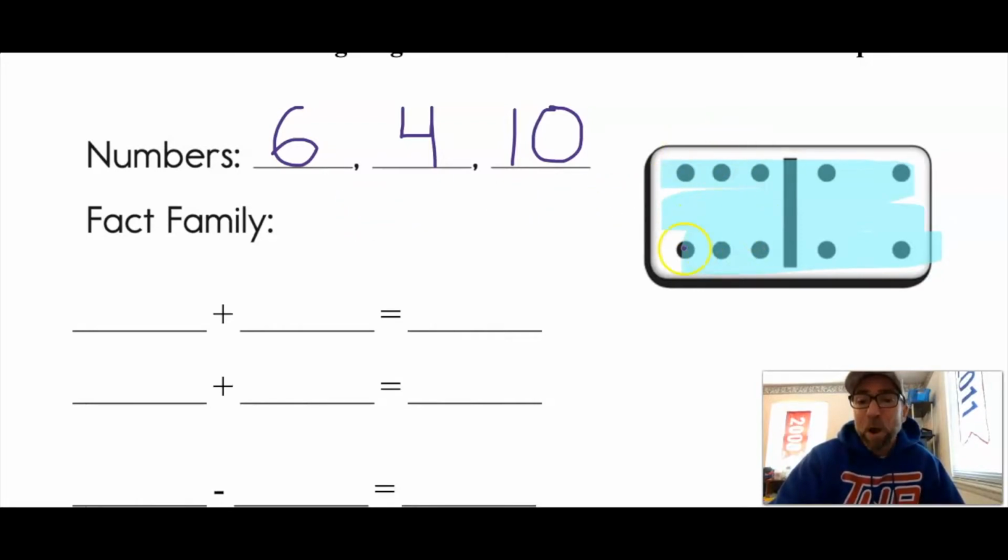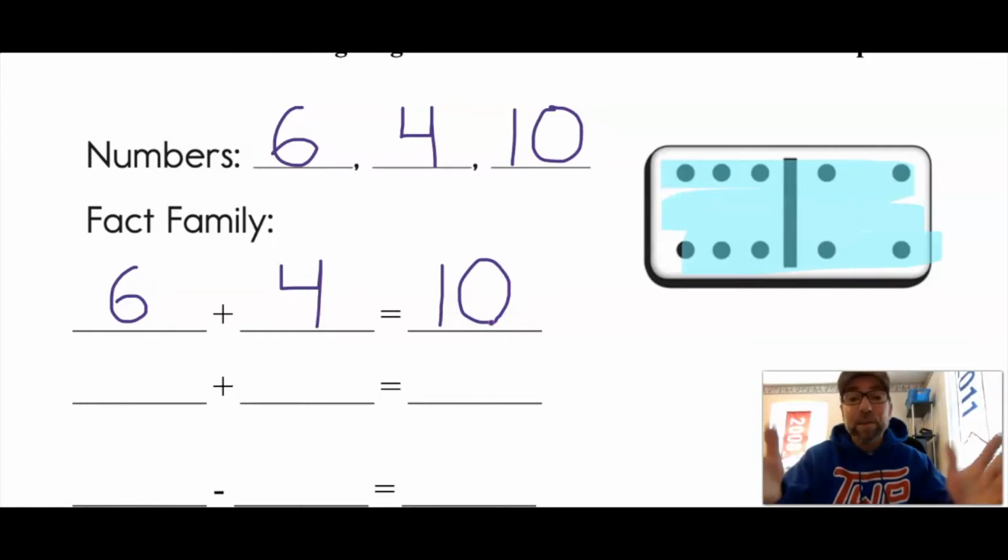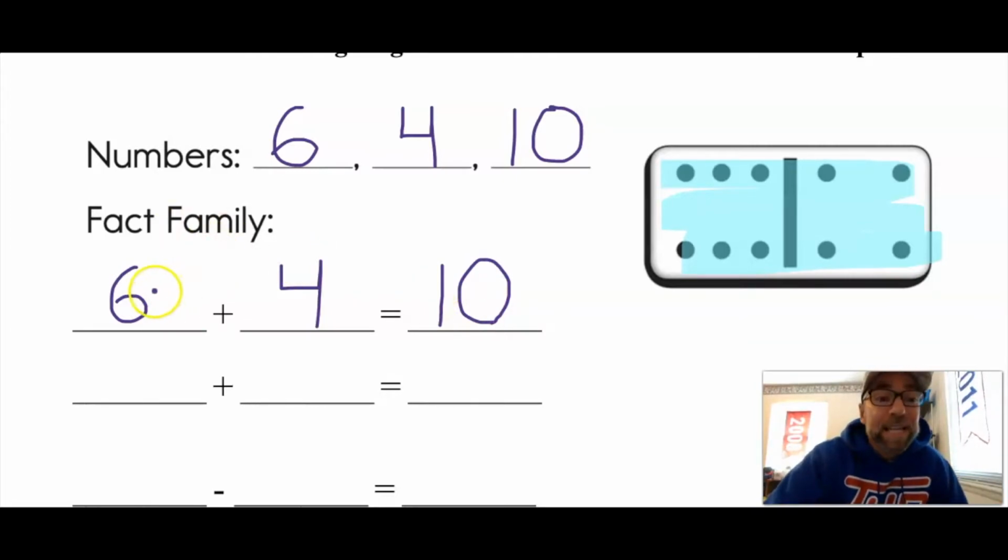This part had 6, and this part had 4. 6 plus 4 equals 1, 2, 3, 4, 5, 6, 7, 8, 9, 10. Now some of you are shouting, I didn't need to count those dots. It's a friend of 10. You're right. It is a friend of 10. So 6 plus 4 equals 10.